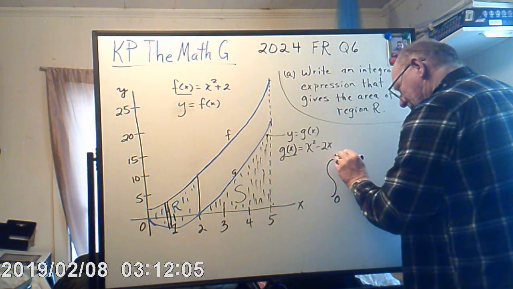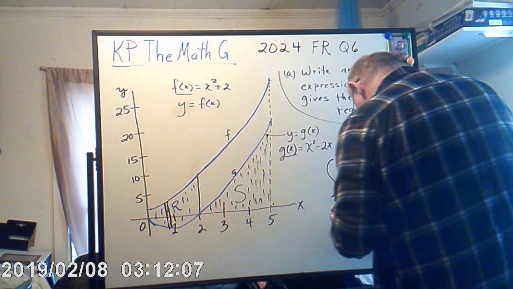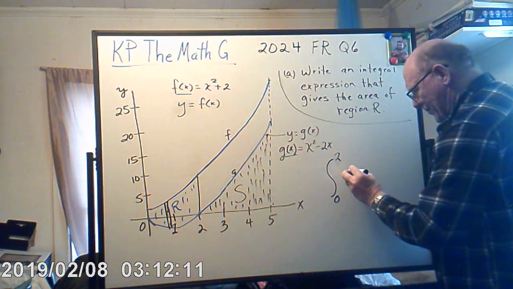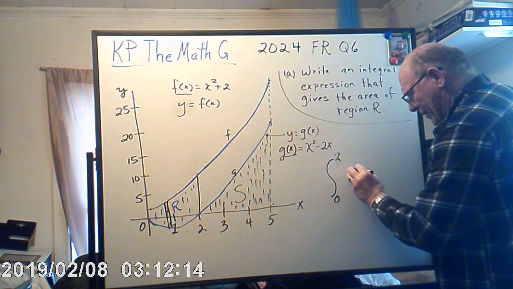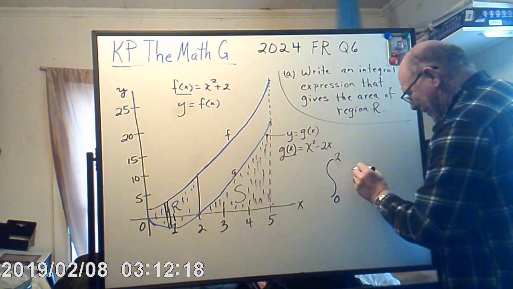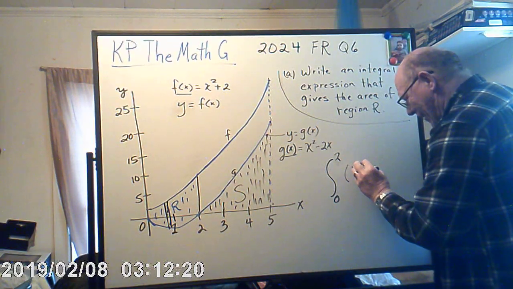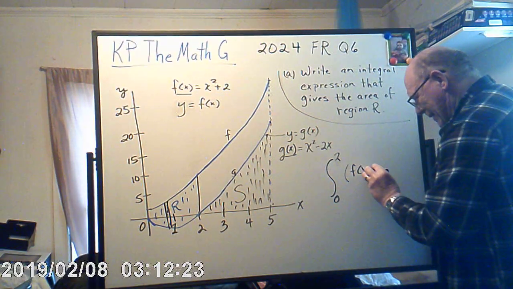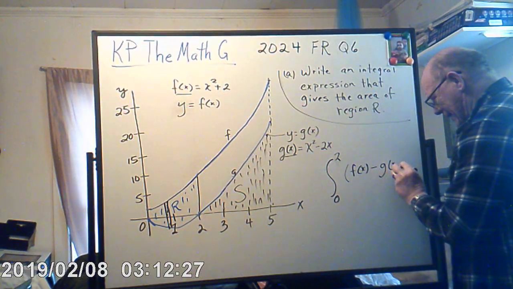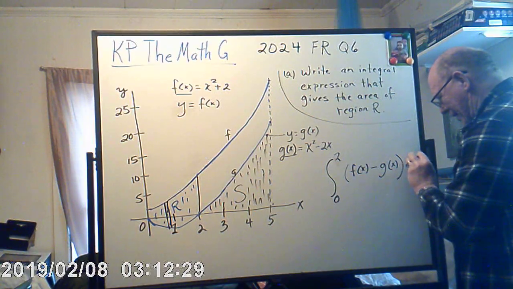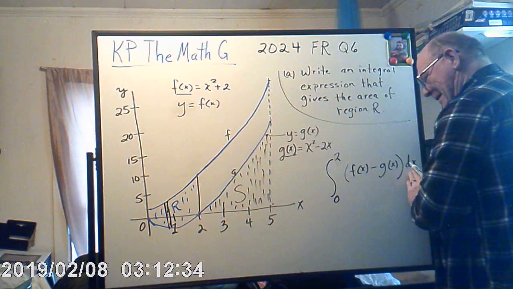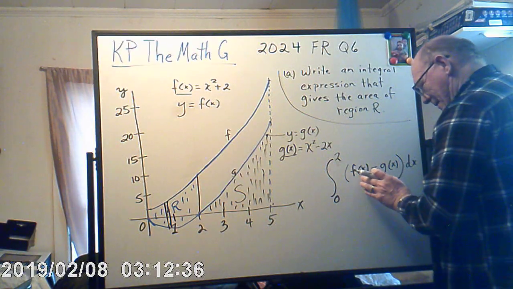Make sure you do F first. In this case, it is F of x minus G of x. I put it in parentheses, and I don't think they're going to count off if you don't put the dx here, but that's really the area.